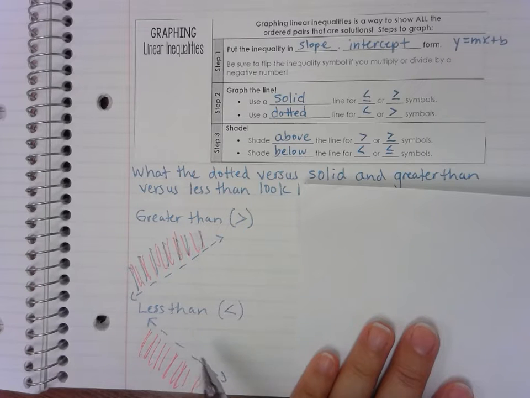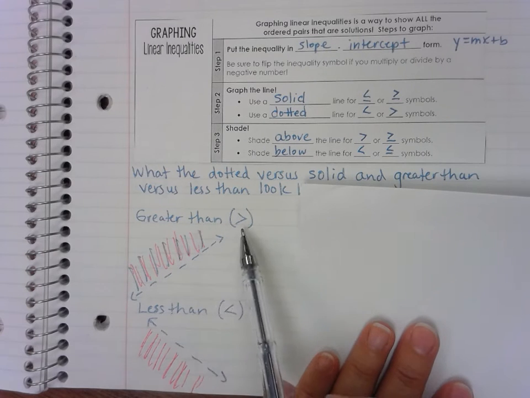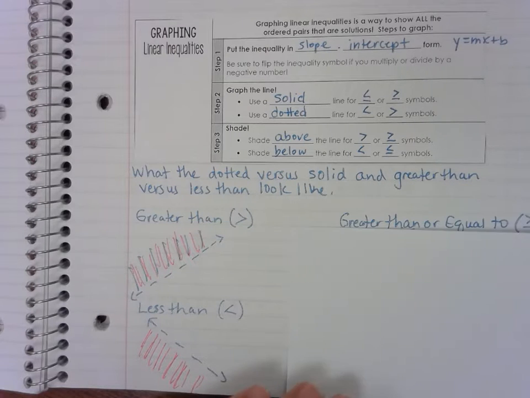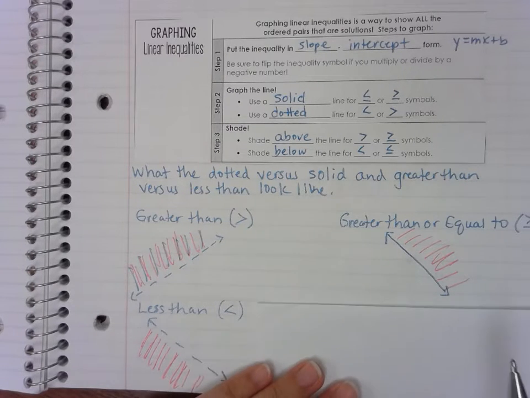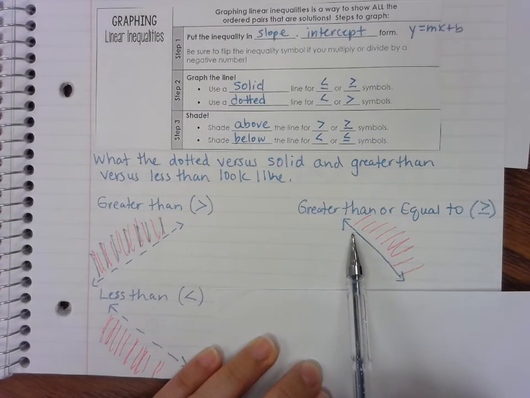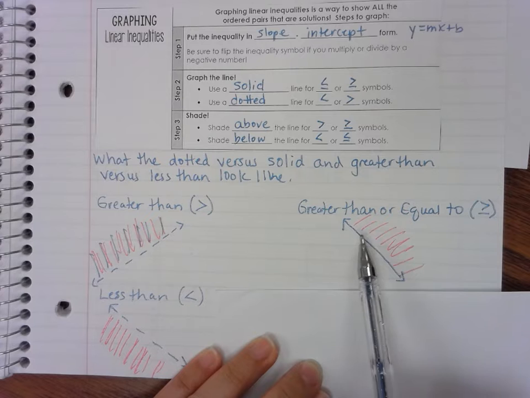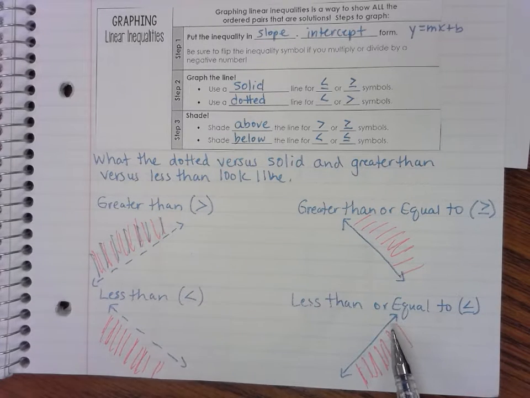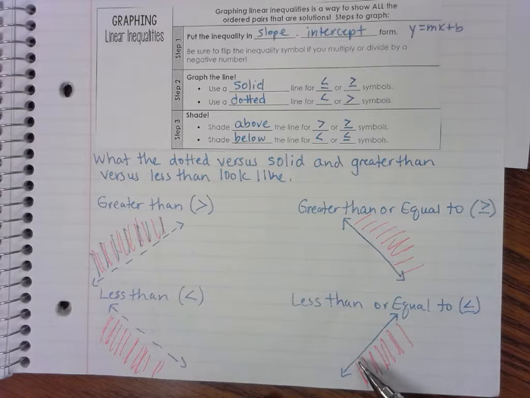The direction of the line has nothing to do with the inequality symbol. If I have greater than or equal to, then I have a solid line and I'm shading above. If I have less than or equal to, I have a solid line and I'm shading below.